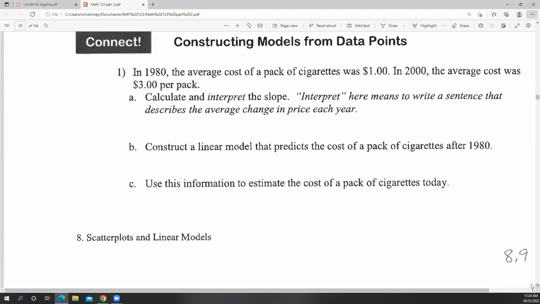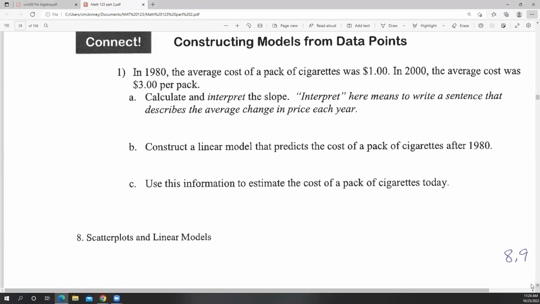Okay, so here. Now, I'll tell you one point where people got a little confused last spring was because we had done relative change and then we did slope. Relative change, we subtracted and then we divided by the original.